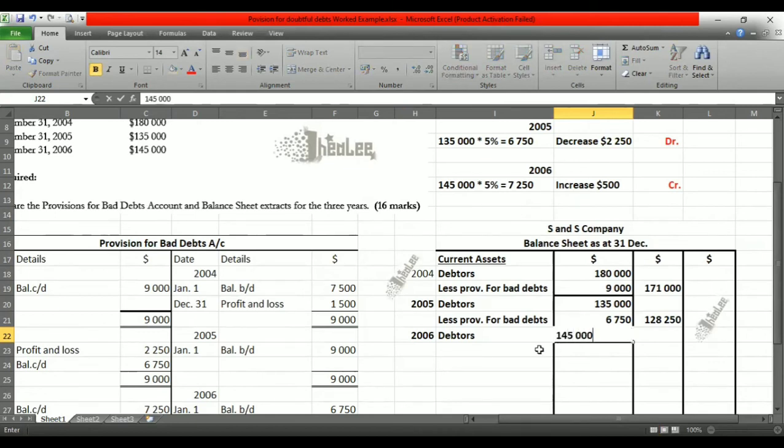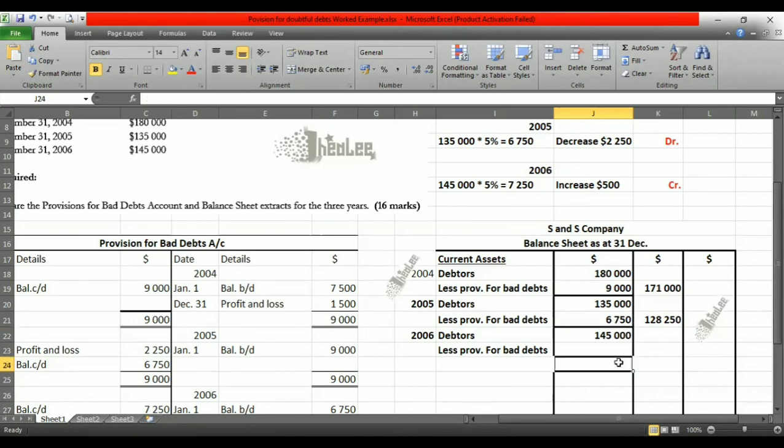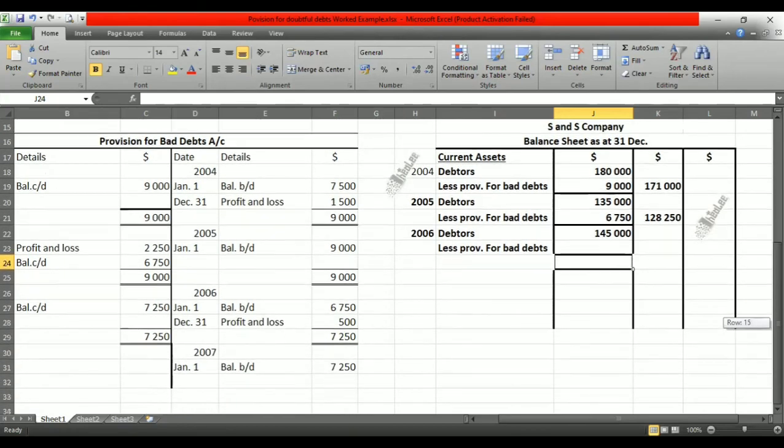From that, we're going to less our provision for bad debts, which is the figure coming out of our provisions account, which is $7,250. That is our balance coming out of our provision for bad debts account for 2006.